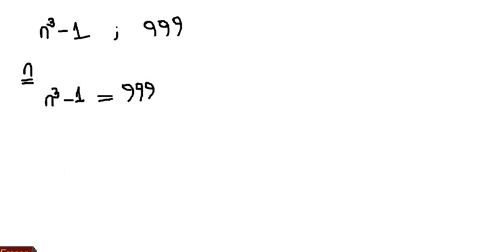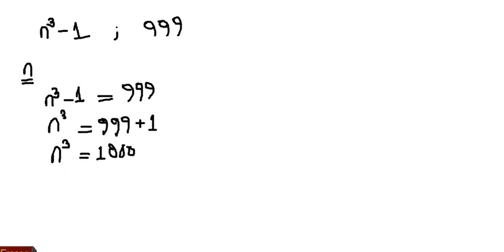Since it's an equation, we'll simply say n cubed is equal to 999 plus 1. We'll transfer the negative 1 to the right hand side, so it becomes plus 1, which means n cubed is equal to 999 plus 1, which gives us 1000.